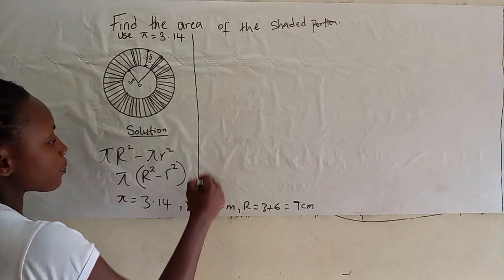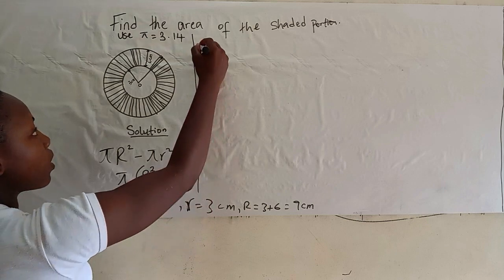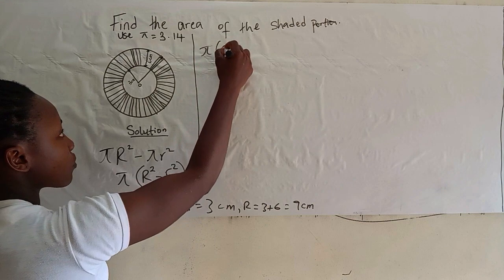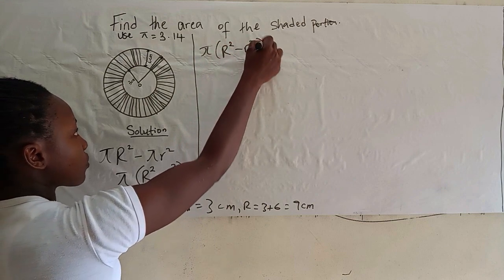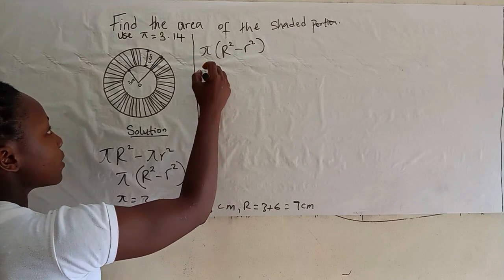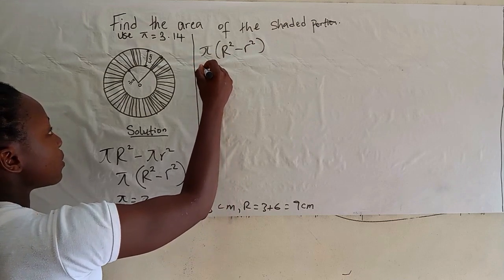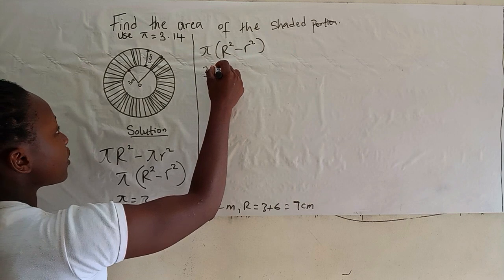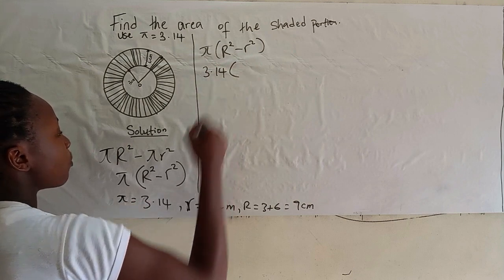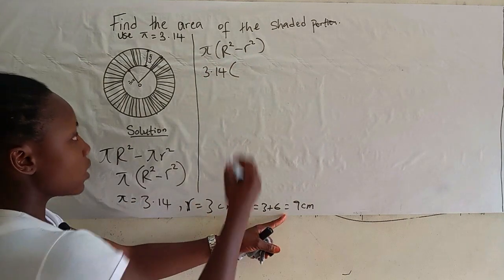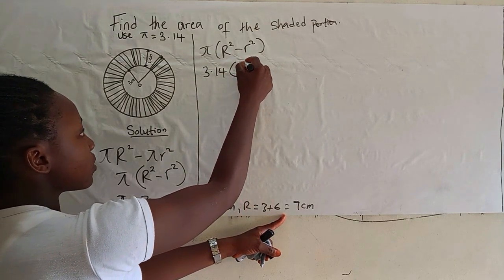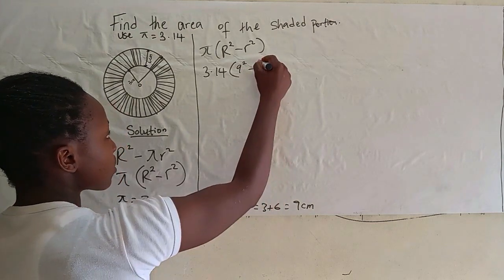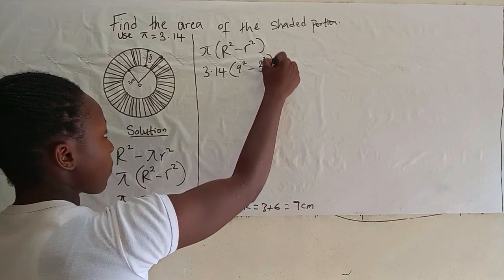So let's continue. This remains our formula. Our pi is 3.14, open bracket, our big R is 9 cm, so we have 9 squared, minus our small r, which is 3 cm, squared.